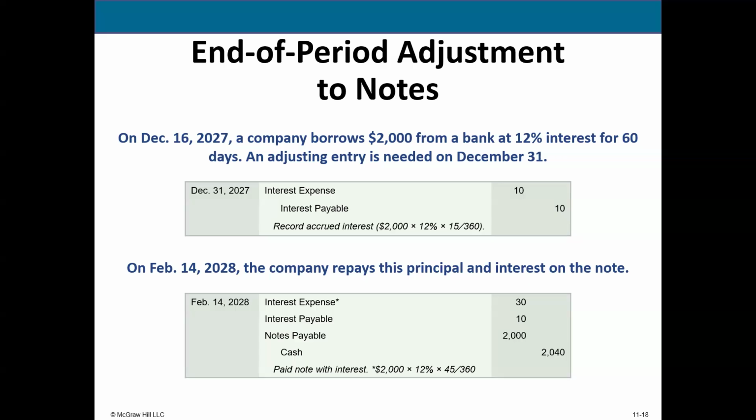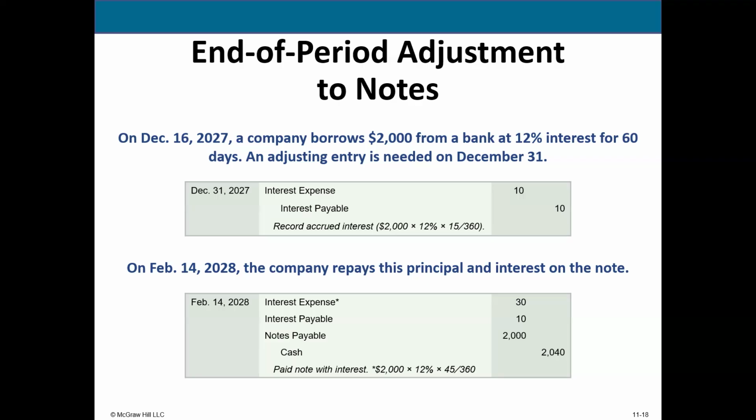So 15 days over 360 banking days in the year gives us an interest expense of $10. So we debit interest expense and credit interest payable $10. That's accruing the interest expense for that year, because the year ends December 31 for this company's fiscal year, and so it falls in a different fiscal period.